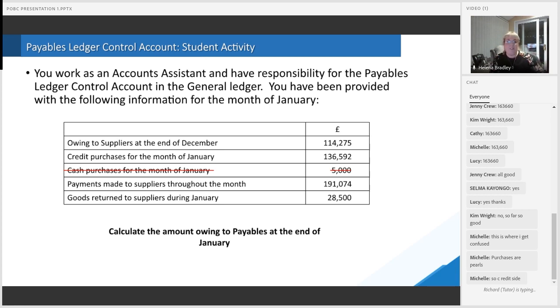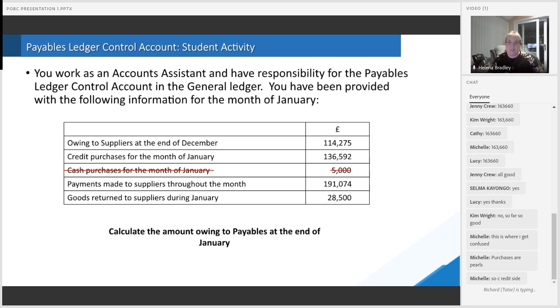So yes, we absolutely would debit purchases, but we debit purchases with the value of the goods. What we owe our suppliers, and what we're trying to capture here, is the ultimate liability we have to our suppliers. So consequently, we credit the payables ledger control account with the goods plus the VAT, because the goods plus the VAT is the liability we have.